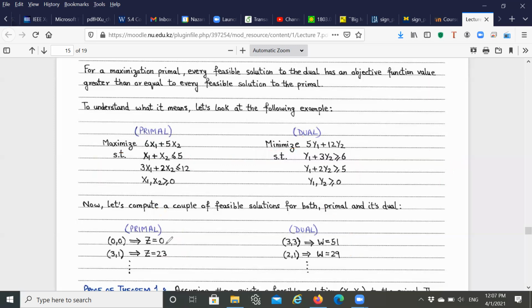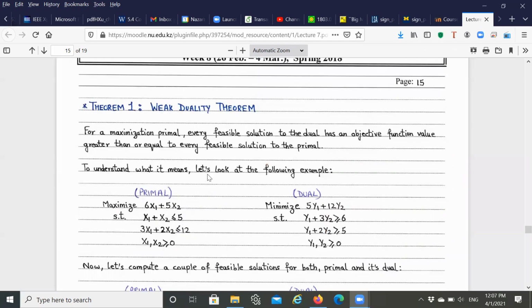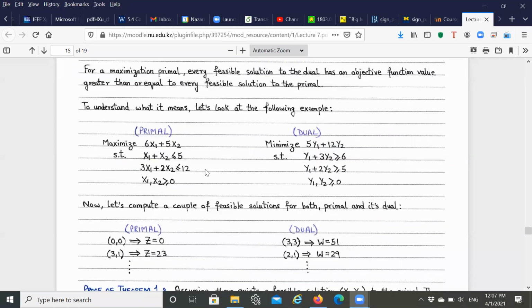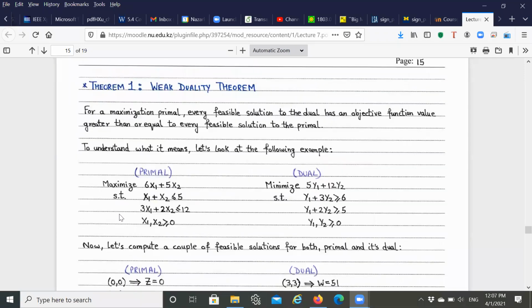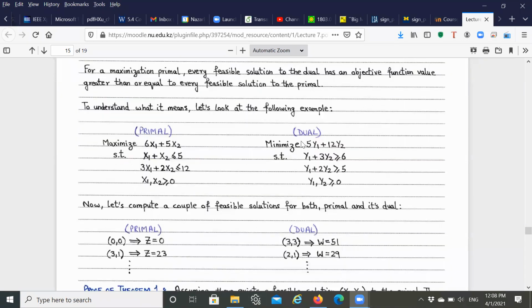So basically, if you see this, and now you go back to the definition of our weak duality theorem, it says that if the primal is a maximization problem, so we have written it in the canonical or standard form, then every feasible solution to the corresponding dual will give us an objective functional value, which was the W that we wrote over here.